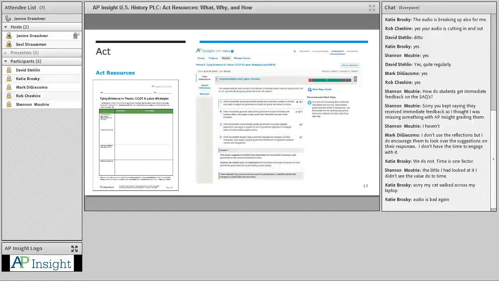It also addressed that students may have misunderstood or mixed up change and continuity. This form, which I don't know how well you can see it, addressed those things.